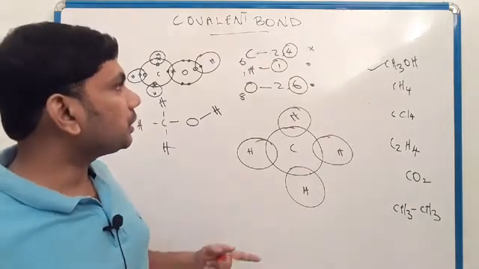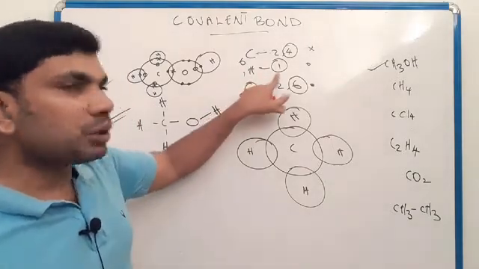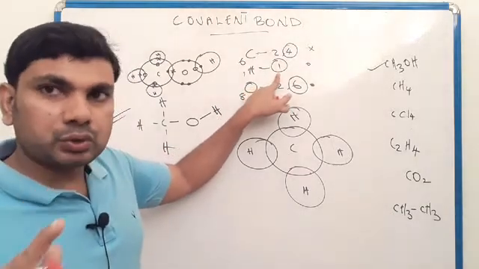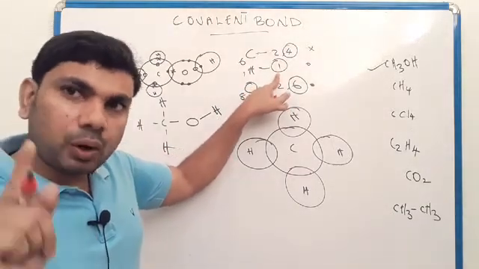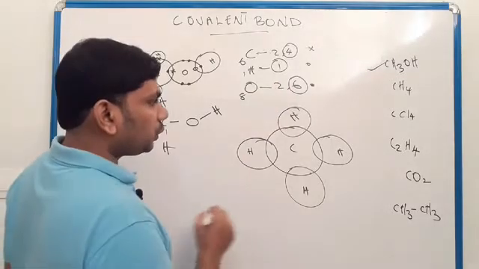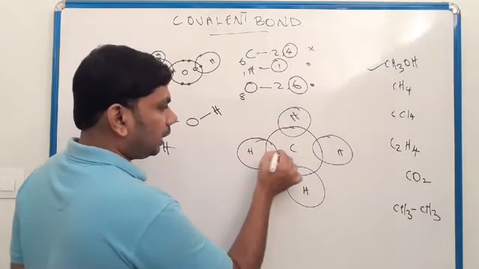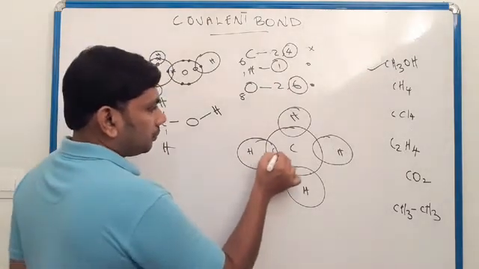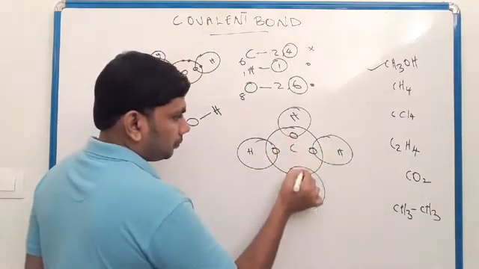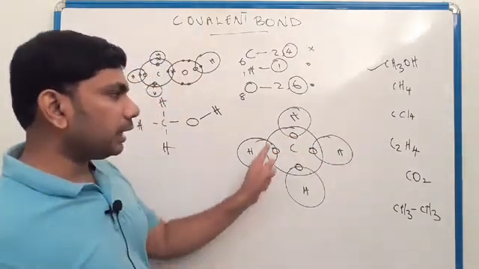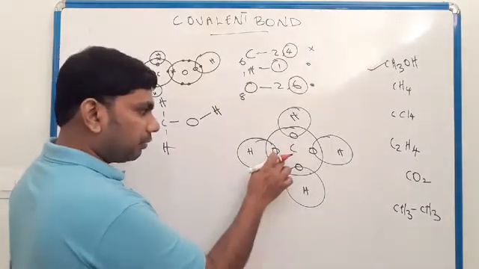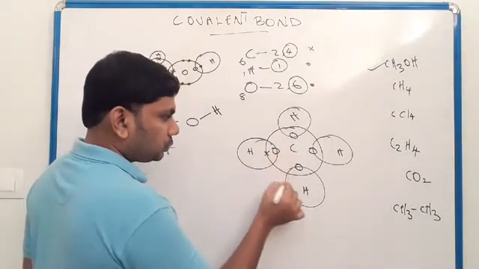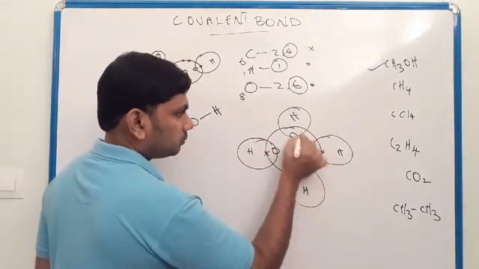What about hydrogen? Hydrogen has 1 electron, it needs 1 more electron. So for hydrogen we have to use only 1, here X.